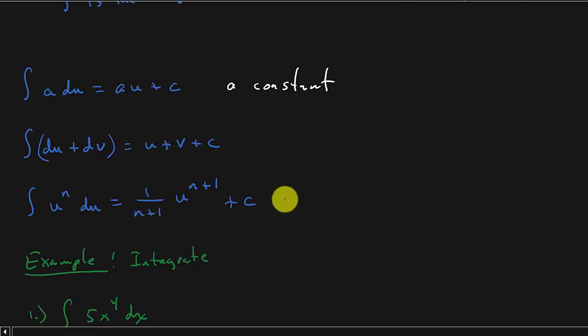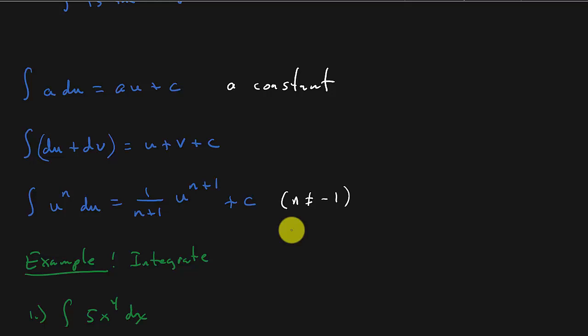Also we need to put here, this is where n is not equal to -1. That's later on in the course when n is -1. All right, so let's start working some examples.